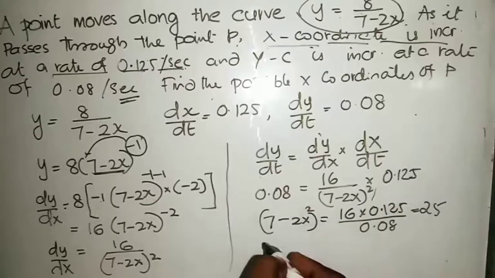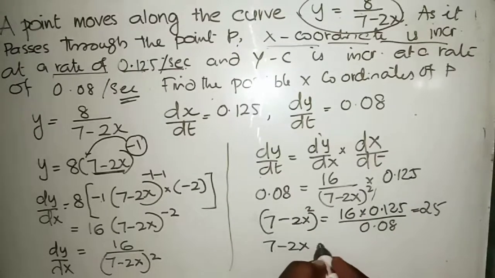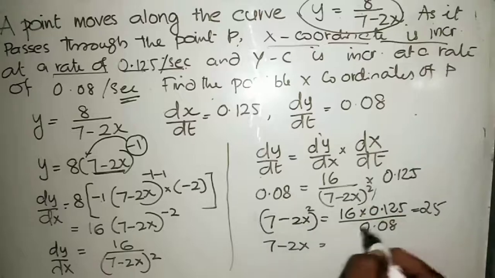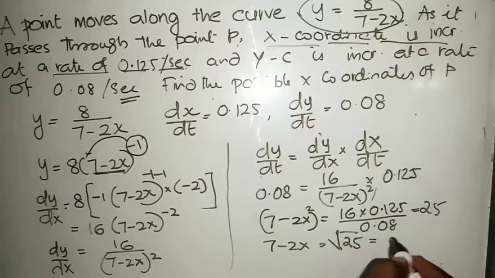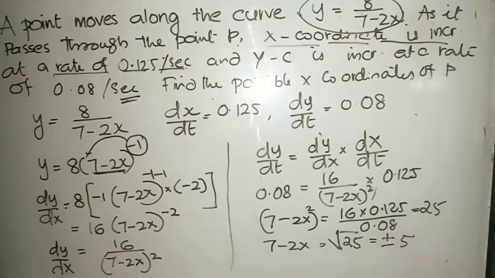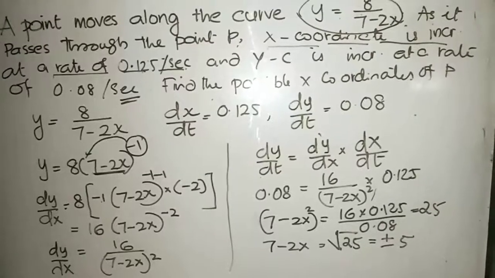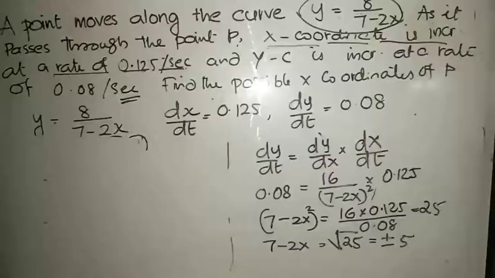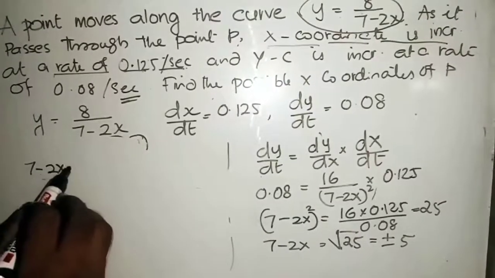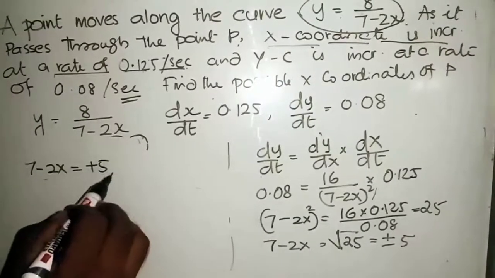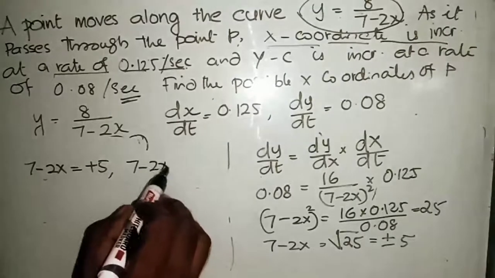So 7 minus 2x, taking the square to the right side, we get square root of 25, which is plus or minus 5. So we get 7 minus 2x is equal to plus or minus 5, which implies 7 minus 2x is plus 5 or 7 minus 2x is minus 5.